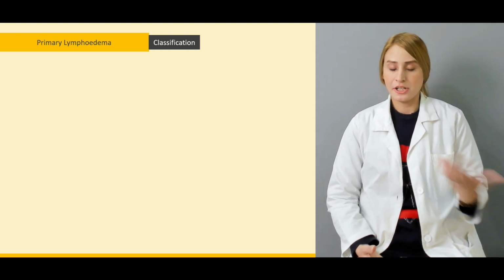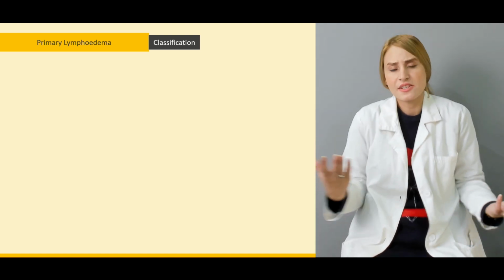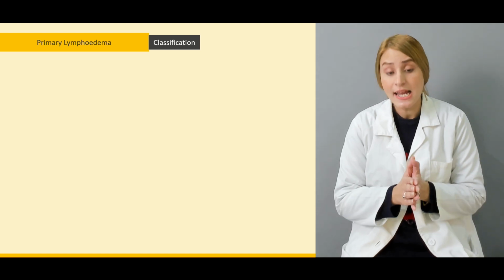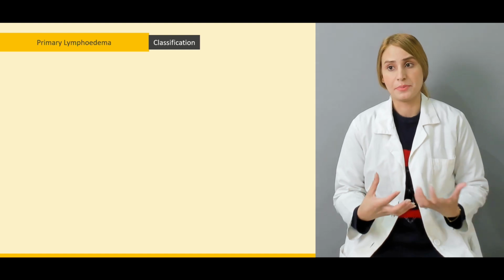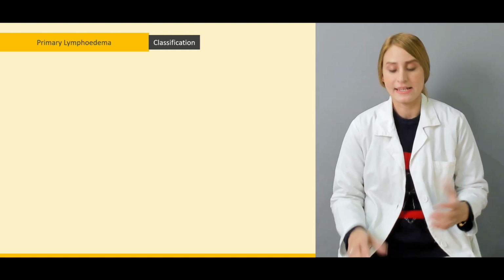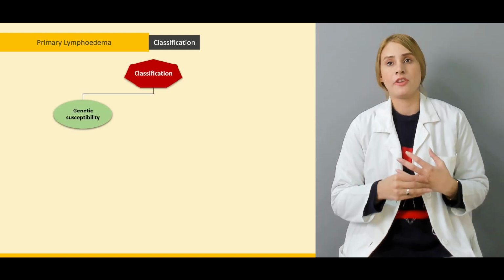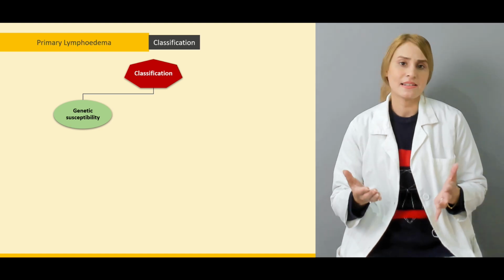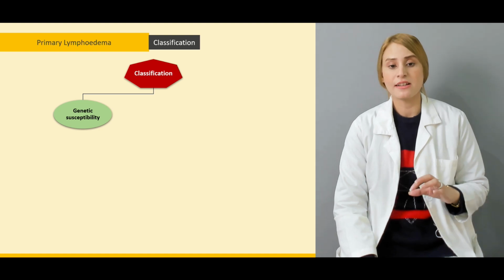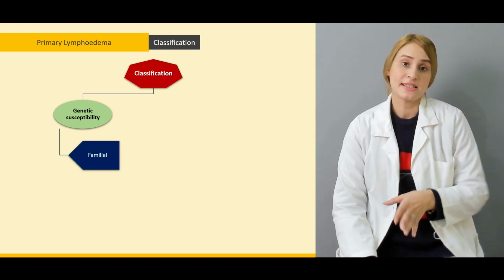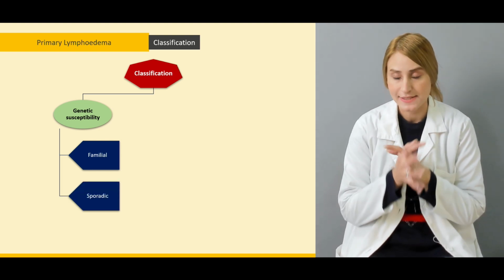Regarding the classification of primary lymphedema, there have been many classification systems devised, but so far none of them is generally accepted. So on the basis of the genetic susceptibility, or the age of onset, we usually classify these, on the basis of genetic susceptibility, into familial cases and sporadic cases.